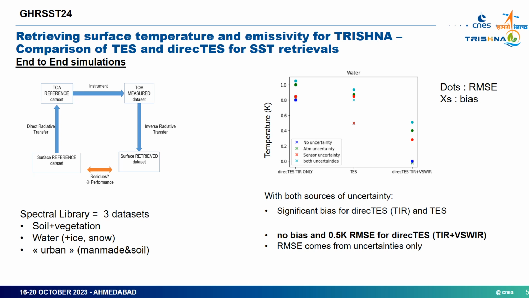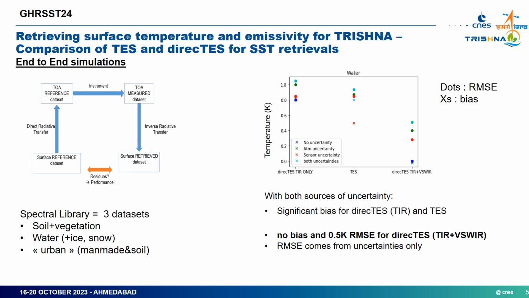Direct test or TES is then applied after the application of both atmospheric and instrument uncertainties. When all the spectral library made of vegetation, soil, water, and urban materials is used, here we got significant bias for direct test and TES.